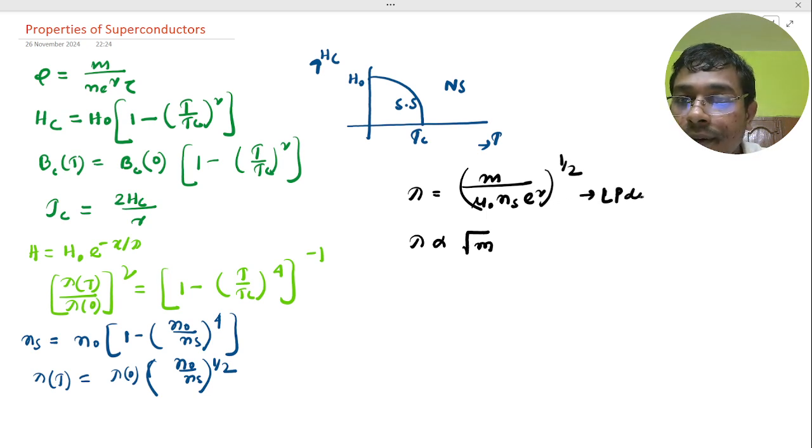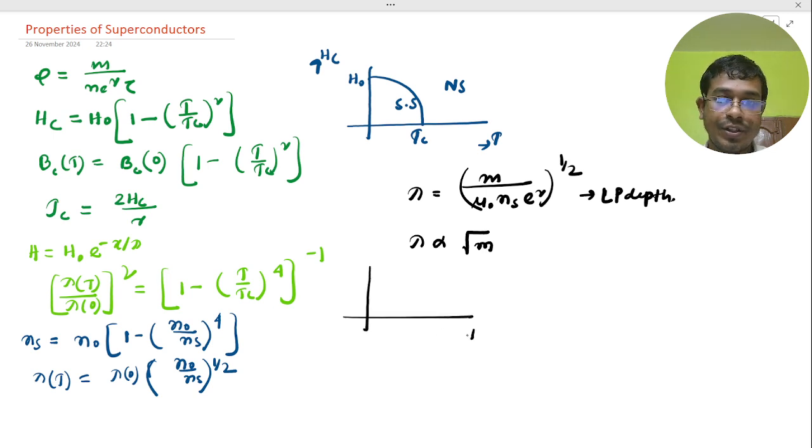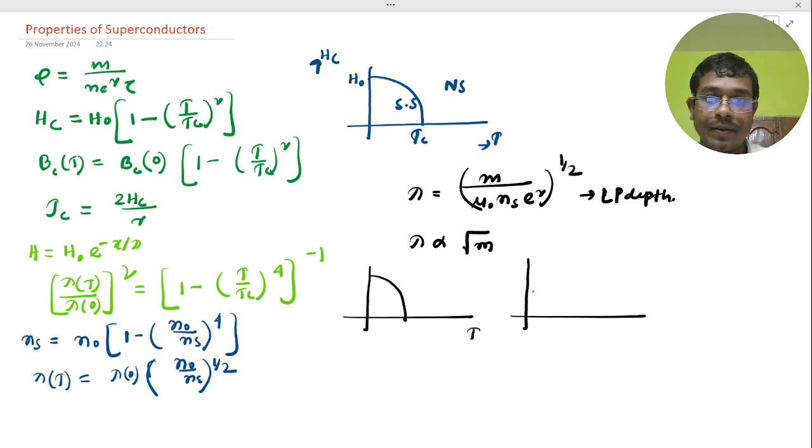So basically we have the result: this axis is T and this is N naught, and for penetration depth it would look like this, this is lambda naught, here lambda, and that is T, and this one is Tc.